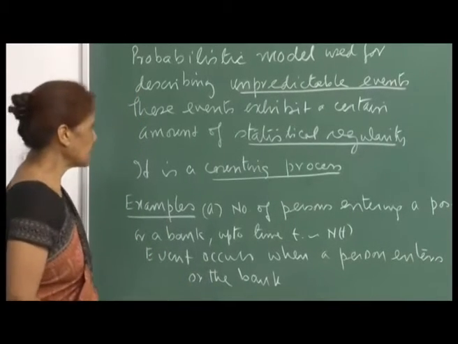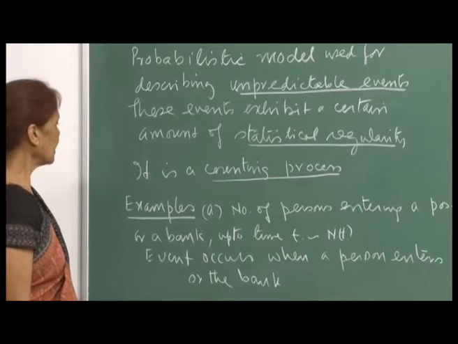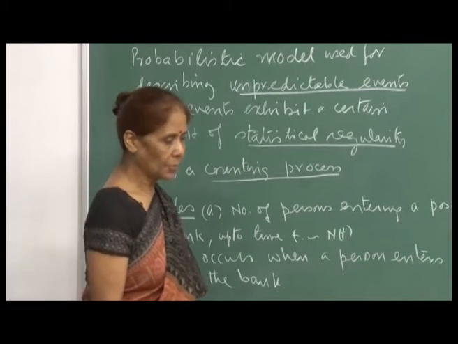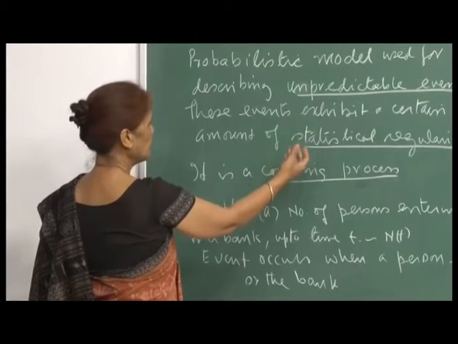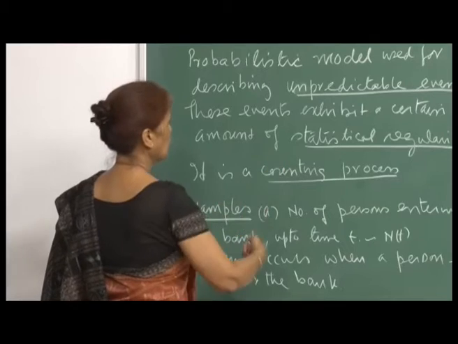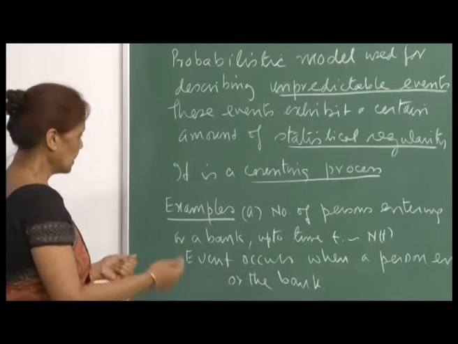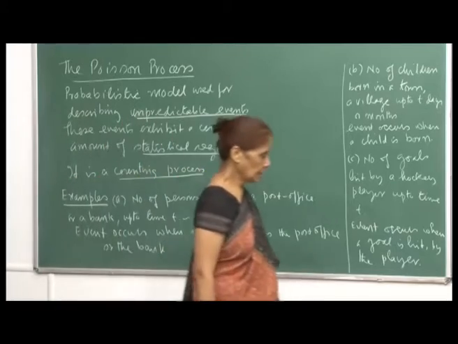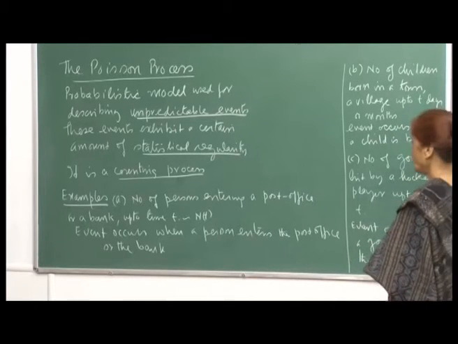Essentially, the Poisson process is a counting process. That means these unpredictable events get counted by the model that we will create here, and a lot of decisions and conclusions can be based on this counting process. This is what we will see in the next couple of lectures.